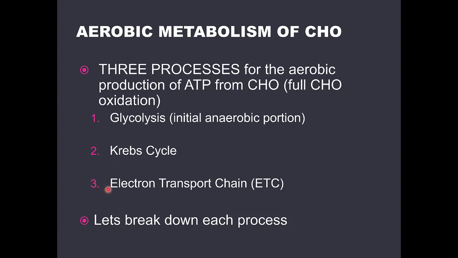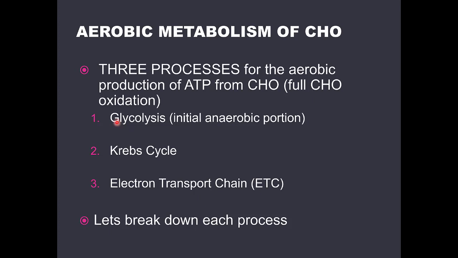In order for aerobic production from the glucose 6-phosphate to occur, the glucose 6-phosphate first needs to undergo anaerobic metabolism via glycolysis. The reason being is because glycolysis is what provides the products that can enter aerobic metabolism in the mitochondria, and that product is pyruvate.